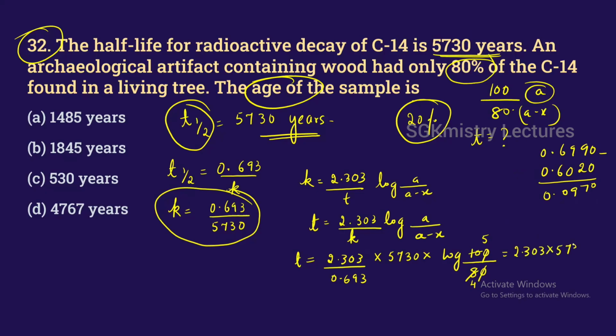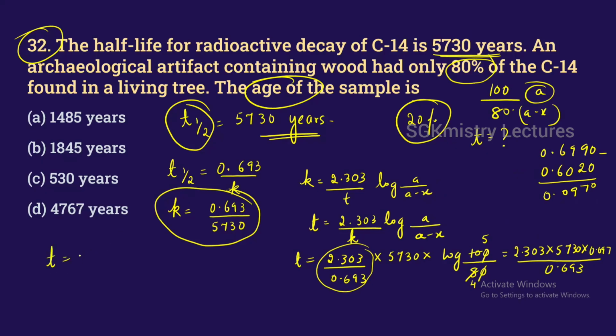2.303 into 5730 into 0.097 divided by 0.693. So this is the equation you need to find out. Now, 2.303 by 0.693 is almost equal to 3.32. This you can memorize, so that it will be easy to do the calculations quickly.